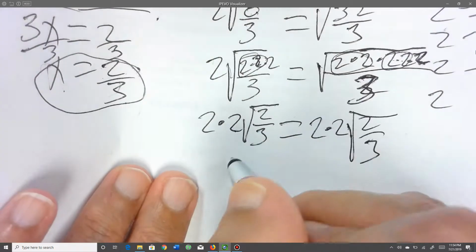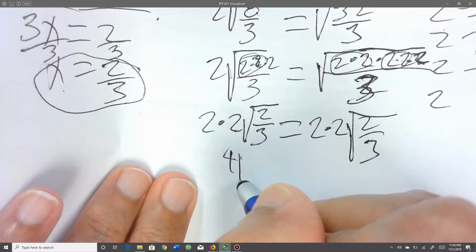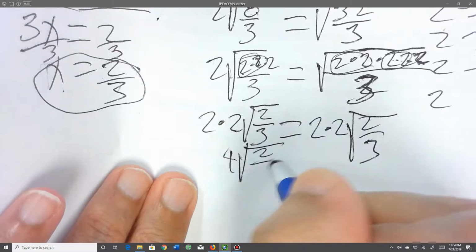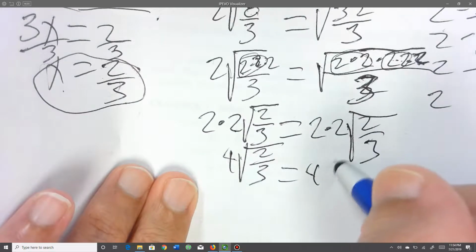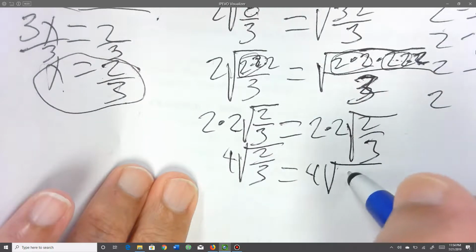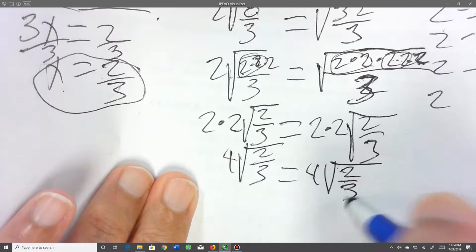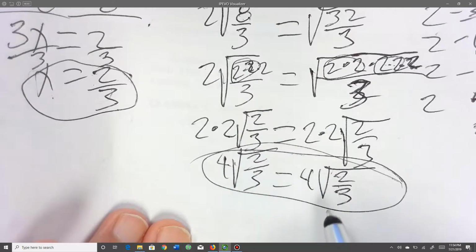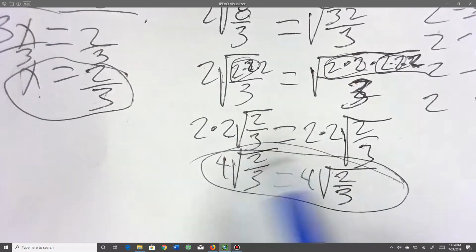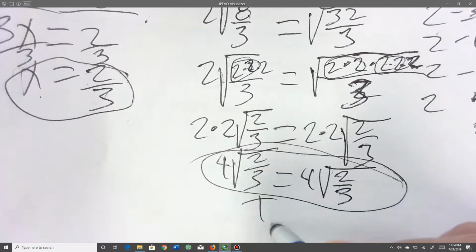Okay, so now that becomes 4 times the square root of 3, I mean 2 over the square root of 2 over 3. I didn't worry about that because I knew that the answer is going to be the same. And that makes the equation true.